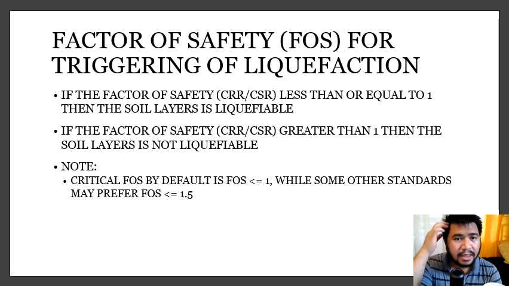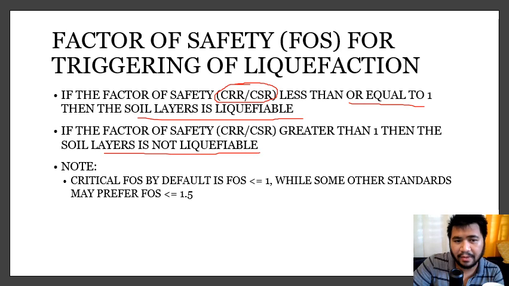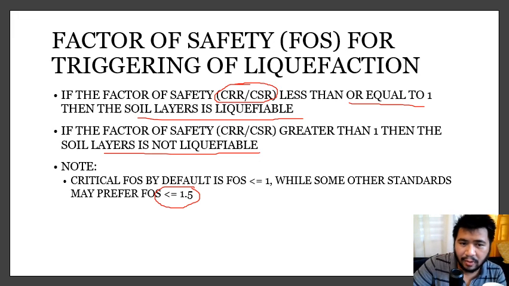And then the next step is the calculation of your factor of safety. Basically, you'll just be dividing the CRR by the CSR, and if the ratio is less than or equal to 1, then the soil layer is liquefiable. If the ratio is bigger than 1, then the soil layer is not liquefiable. Note that some standards actually use 1.5 as the dividing line between liquefiable and not liquefiable, but as a default we use 1.